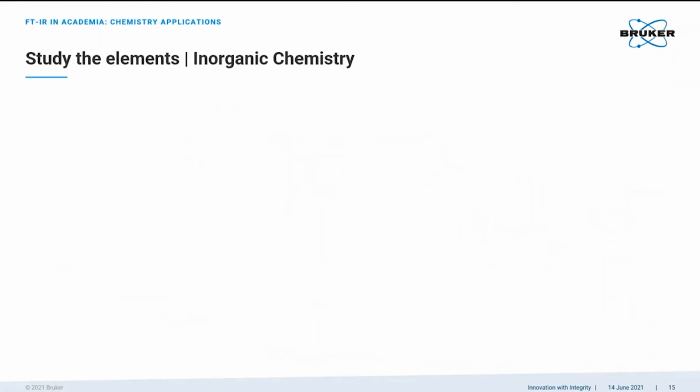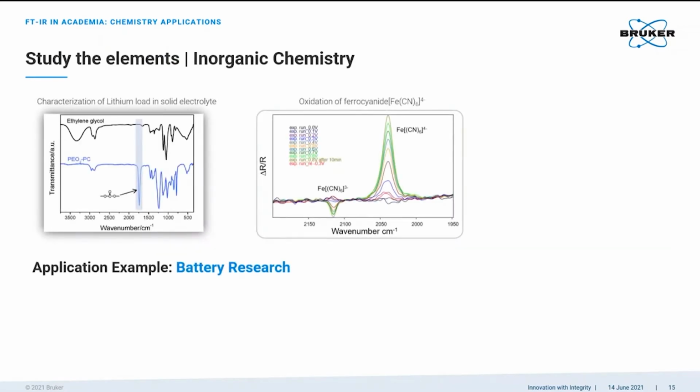As I said, coordination chemistry really profits from FTIR. In this example, on the upper left, the carbonyl coordination to lithium was used to assess the lithium load in a polymeric solid-state electrolyte by monitoring the CO stretching band and how it shifts and broadens during charge-discharge processes.